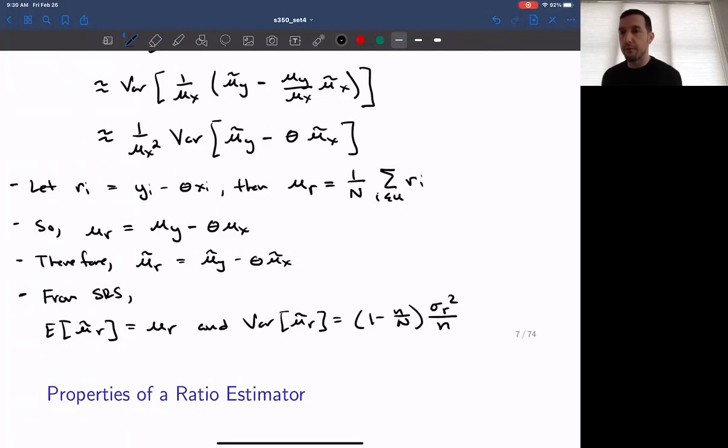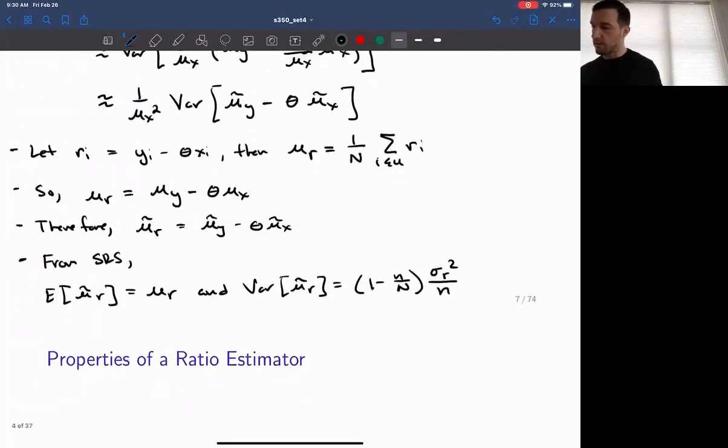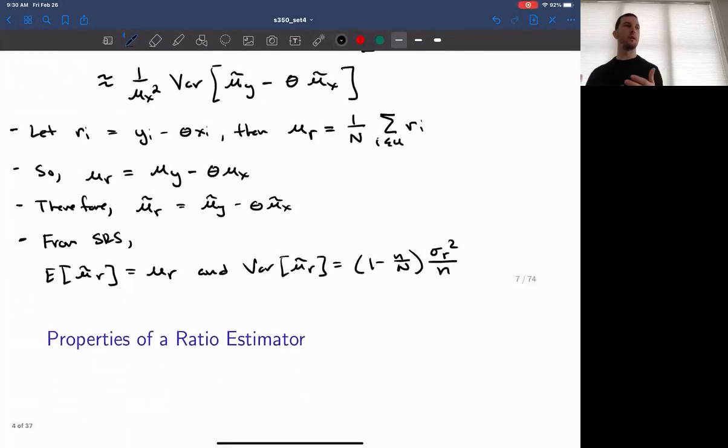Okay, so the estimator for mu r would be written in the traditional way. So basically we would estimate the mu tilde y and the mu tilde x. And then from simple random sampling, we can show the expected value of these terms have the same functional form that we saw in the SRS case. All right, so now we just need to put these ideas together.